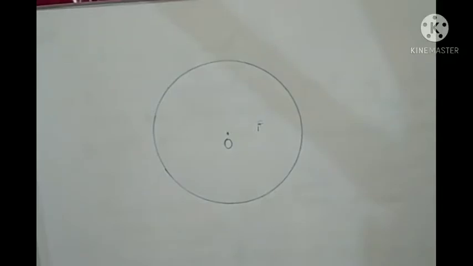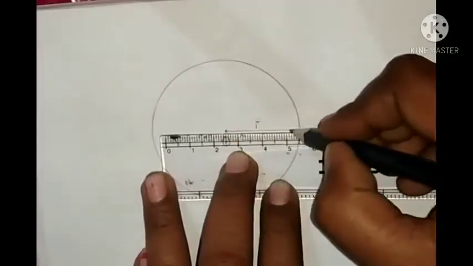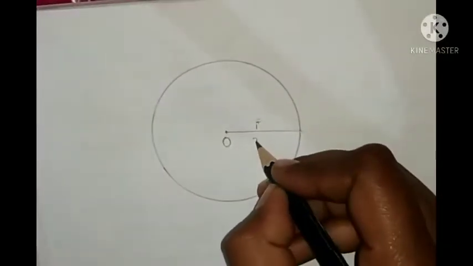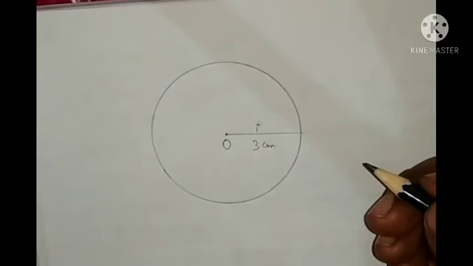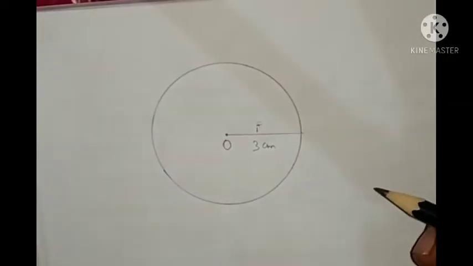Like this you can easily make a circle. And here the radius is how much? 3 cm. So this is your circle which has radius 3 cm.